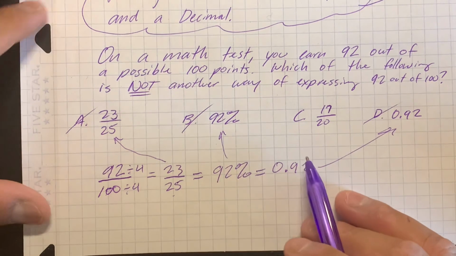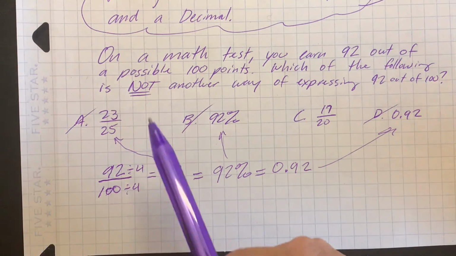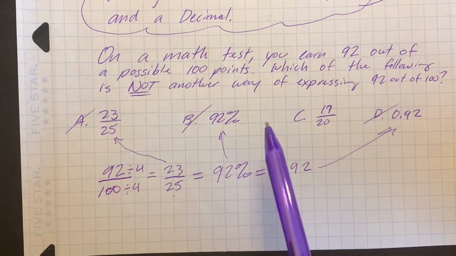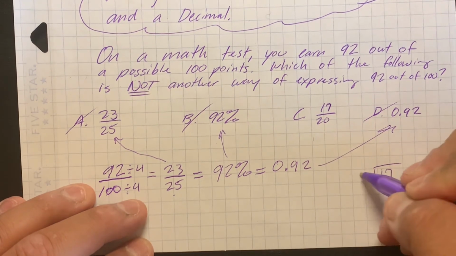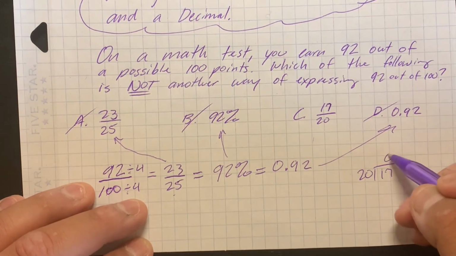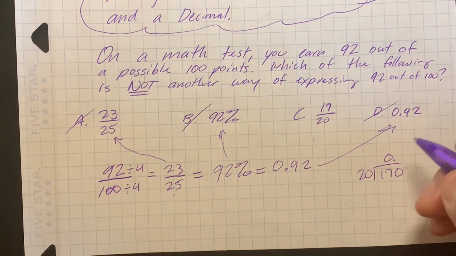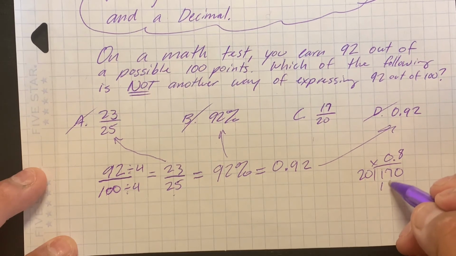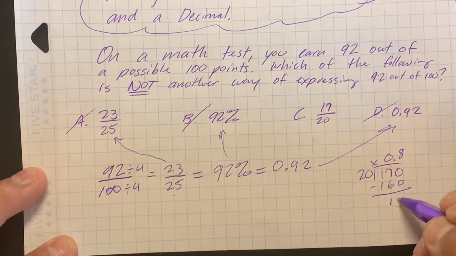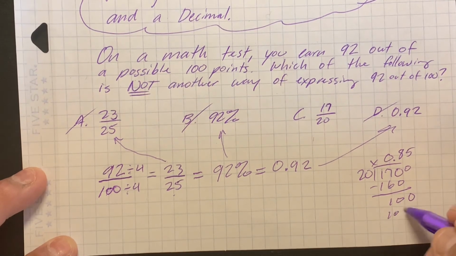So again, on a math test, you earn 92 out of a total possible 100 points. Which of the following is not another way of expressing this? Well, 17 out of 20. So if I were to take 17 out of 20, 20 can't go into 17, but 20 can go into 170 about 8 times. 20 times 8 is going to be 160. 10. 20 can go into 100 5 times.